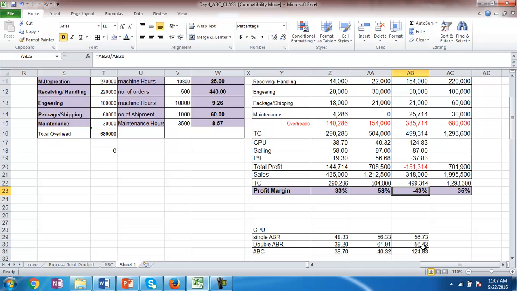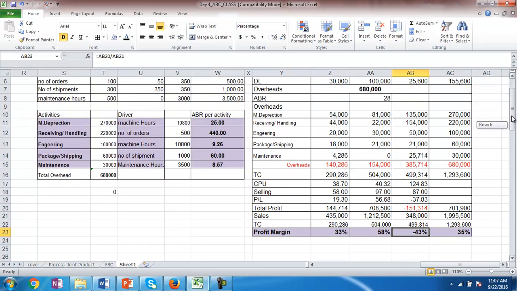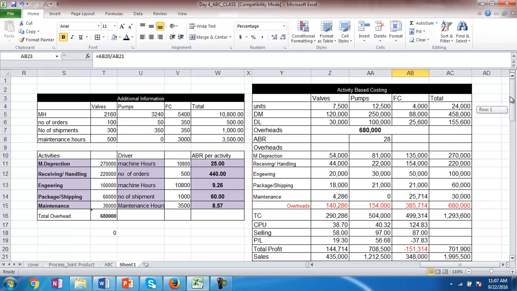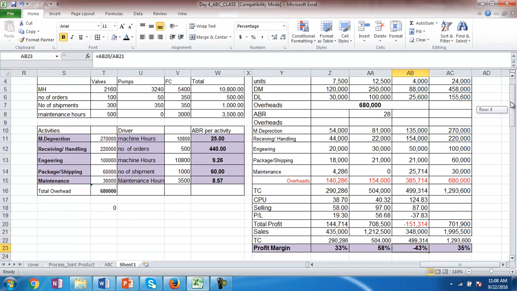So with the new basis of allocation, apportionment and absorption using the activities consumed by each product, we find that the flow controller is a loss-making product. In the previous two calculations, we saw that flow controller is making profit.